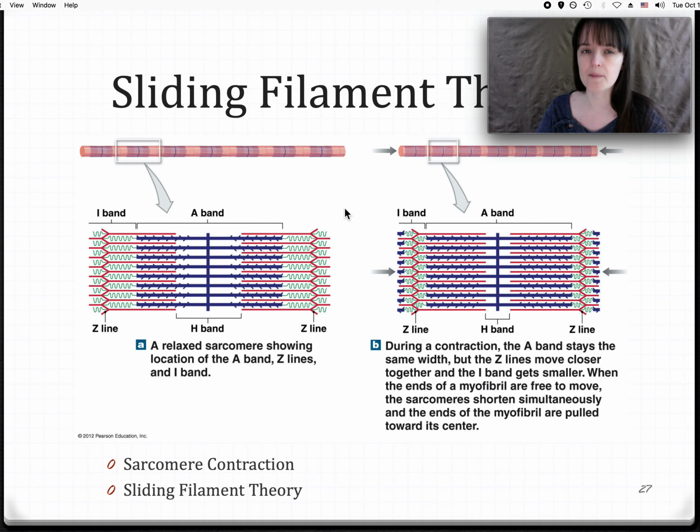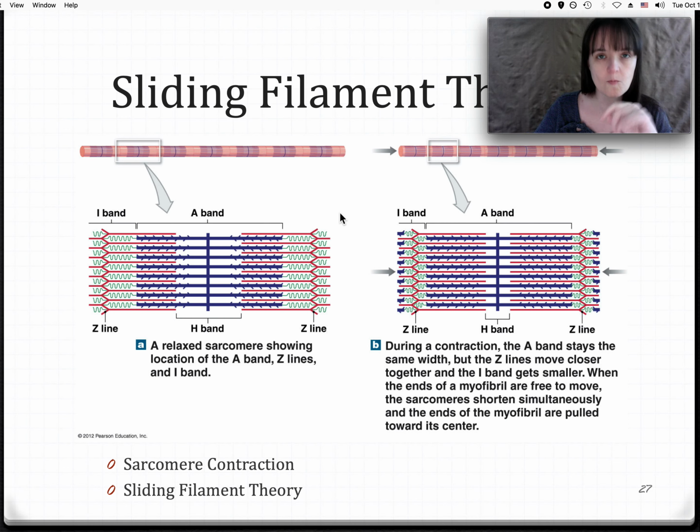What's happening is the thin filaments and the thick filaments slide across each other. Slide. Not the electric slide, just slide, okay? So this is the sliding filament theory, and there's no elastic, no stretching, no recoil, it's just slide and relax. But we'll get to that later. First, let's cover how they slide.